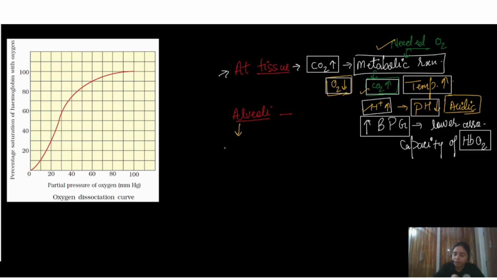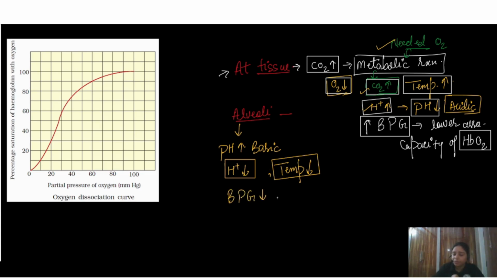In the alveoli, the pH will not be low, it will increase, meaning it becomes basic, because H+ is decreasing. The temperature will become low, and bisphosphoglycerate will become low.